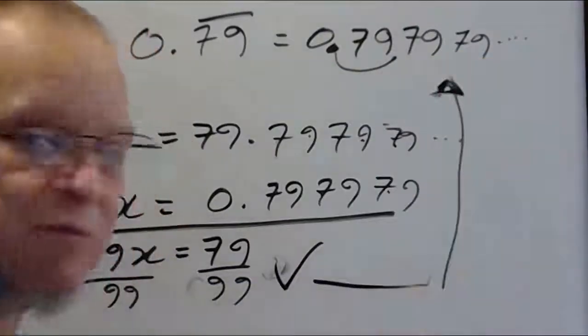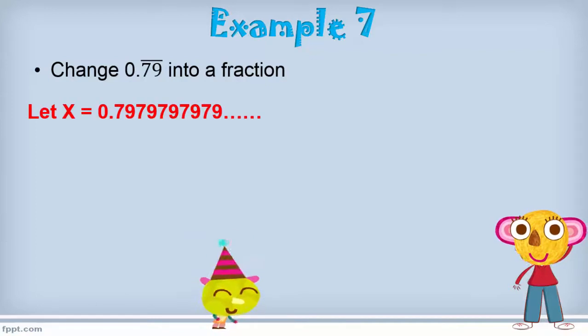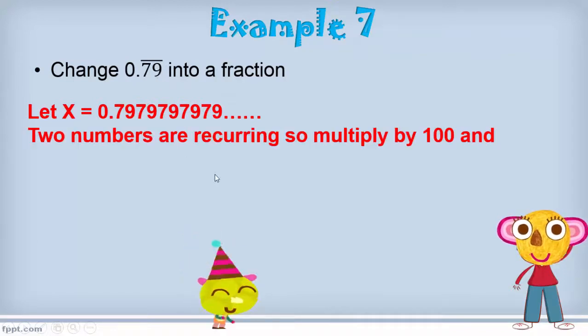Reviewing example number 7, we let x equal 0.79797979, etc., because we have the bar over it, and that means the 7, 9 is repeating. Notice that the bar is over the 7 and the 9. Two numbers are recurring, so we have to multiply it by 100.